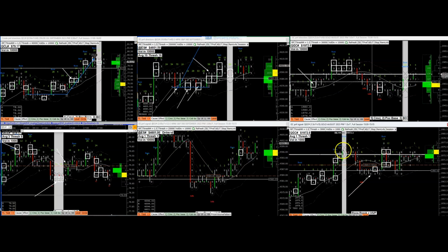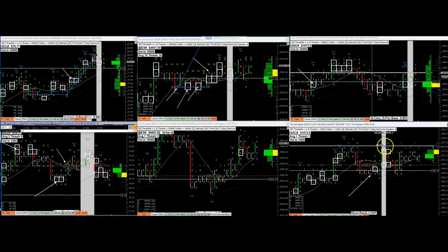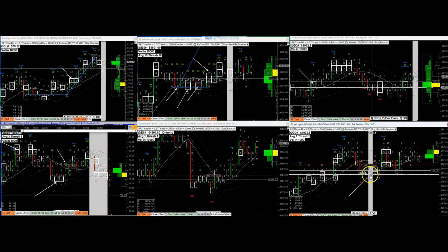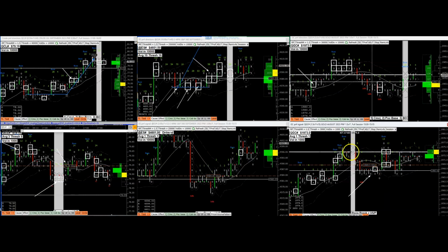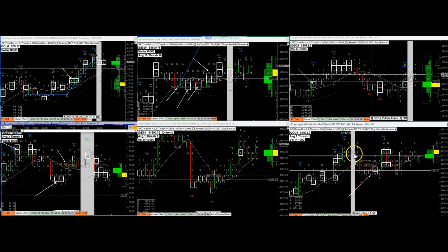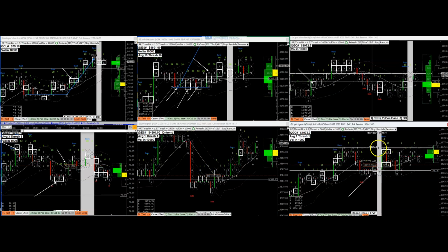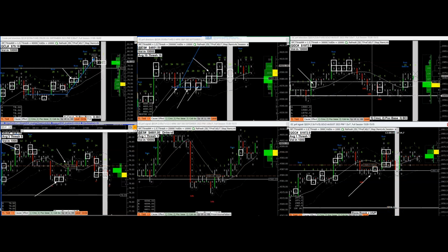So if the distribution was here with heavy volume prints at the extreme high, and the trend was down, they would test against those high volume prints, which is basically distribution, and they would break the lows. So you just have to kind of know that.